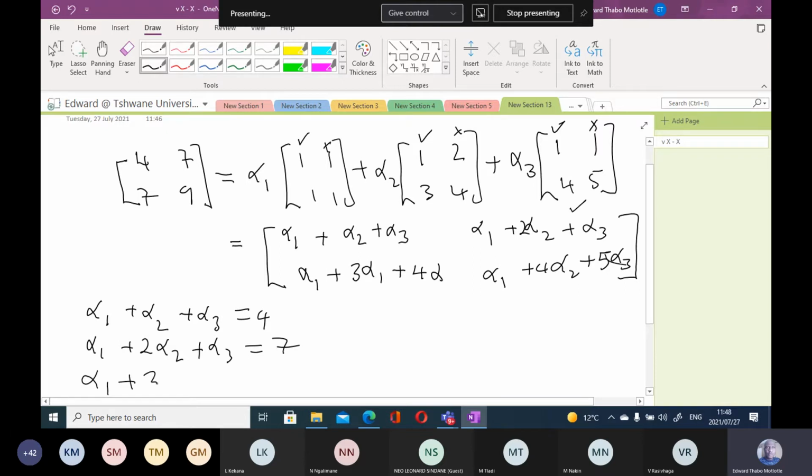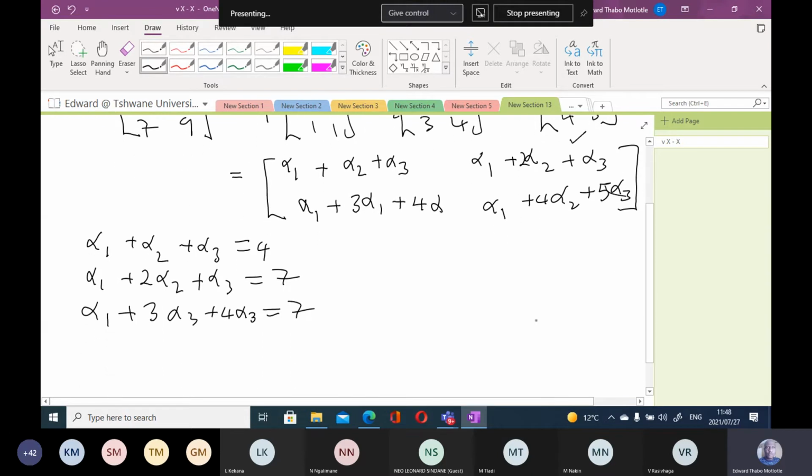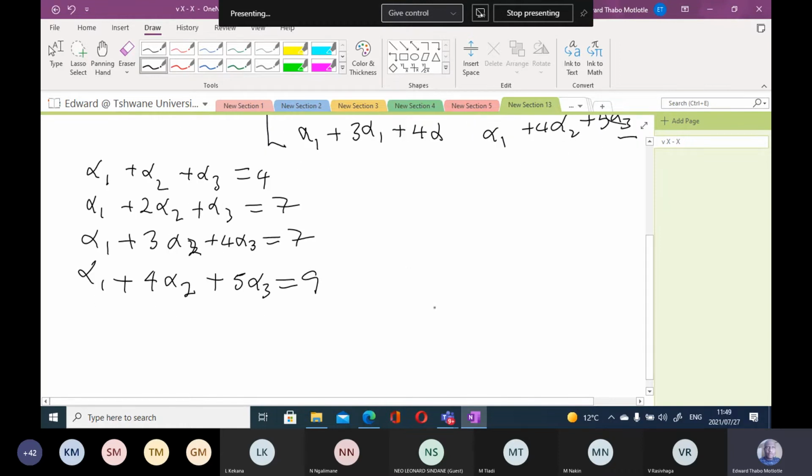Alpha 1 plus 3 alpha 2 plus 4 alpha 3 equals 7. The last one, alpha 1 plus 4 alpha 2 plus 5 alpha 3 equals 9.